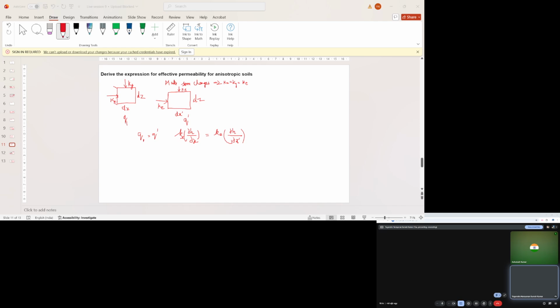Now what happens to ke? ke is equal to kx into root over kz by kx, which if we simplify, we get ke is equal to root over kx into kz. So this is how the effective permeability is derived. It is a geometric mean of horizontal and vertical permeability. Any doubts?